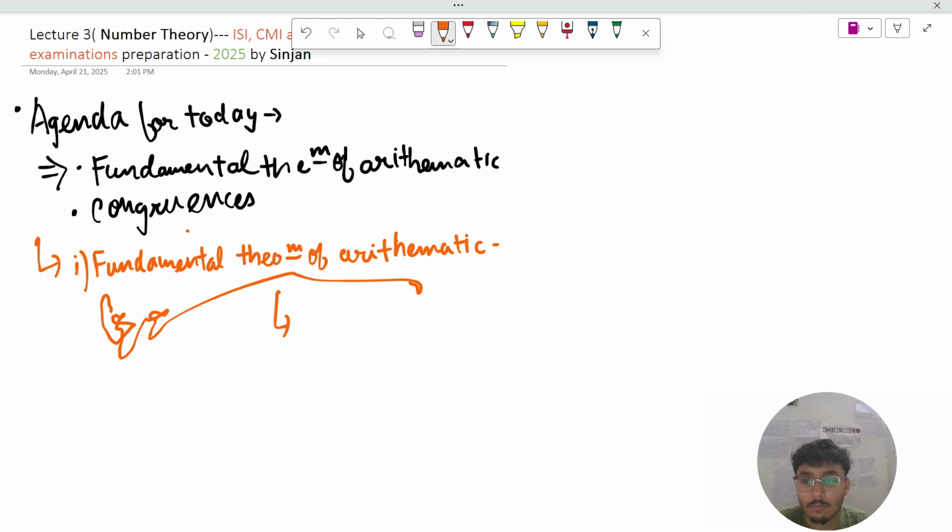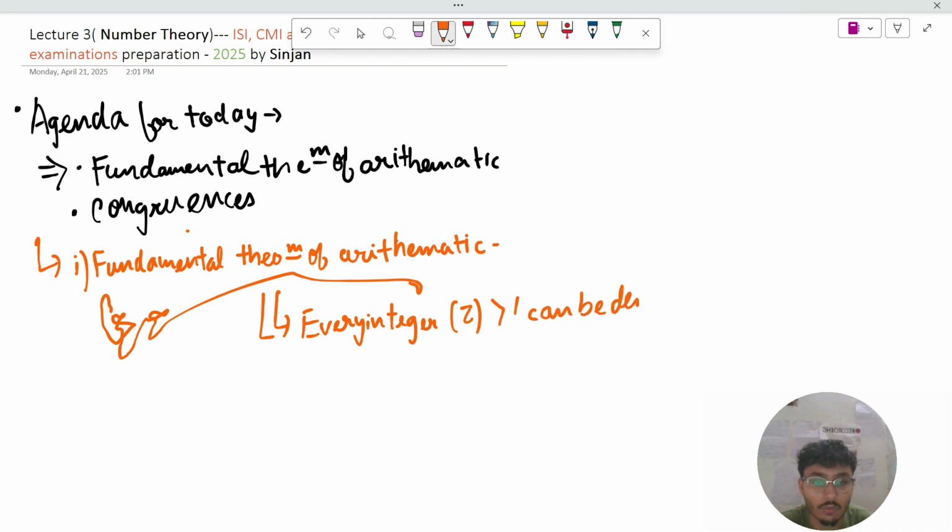What does the fundamental theorem of arithmetic say? Every integer greater than 1 can be written as a product of primes.